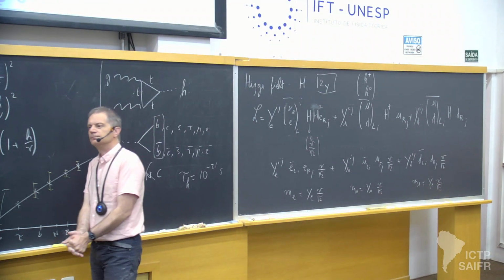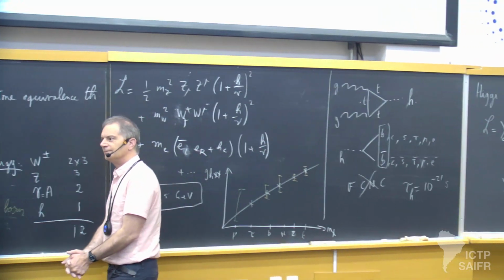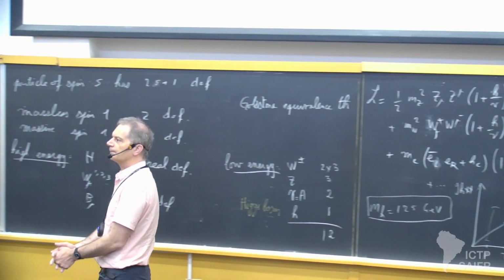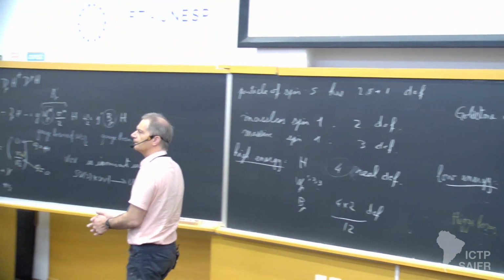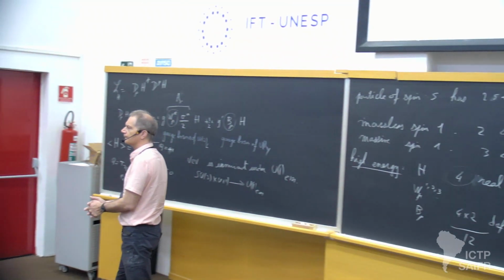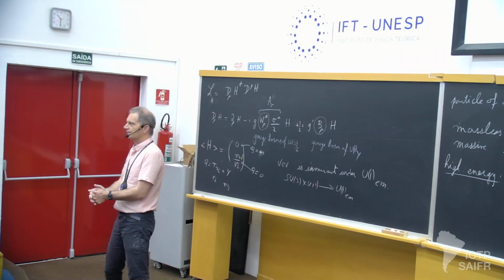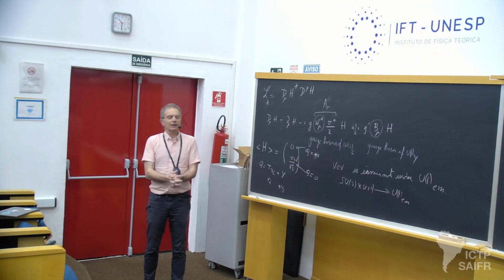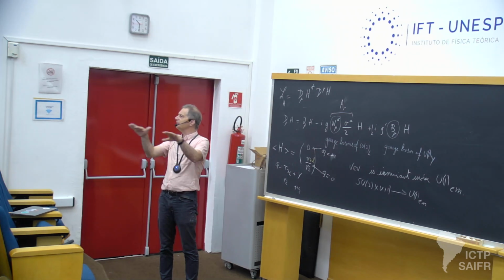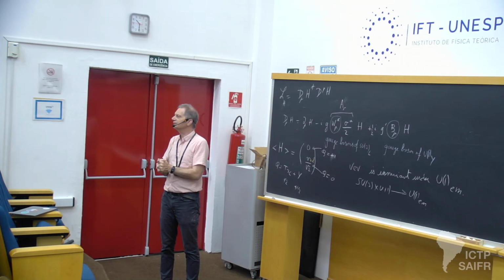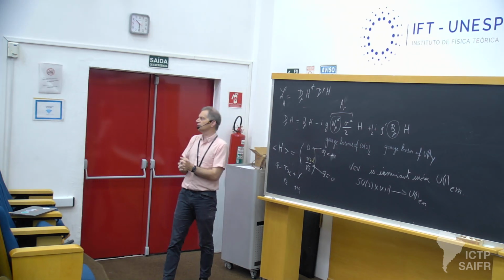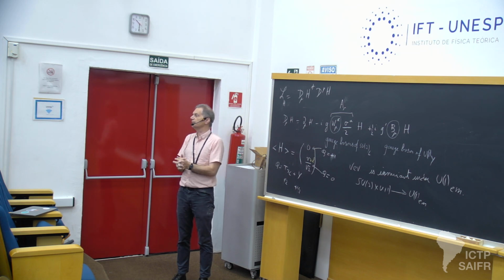I have two questions. The first one is about the degrees of freedom of massless particles. What happens if we have a massless particle with higher spin, like, for example, the graviton? Well, in the standard model, we limit ourselves to spin 1. And the only massless spin 1 particle is the photon, and the photon is a stable particle. It cannot decay.